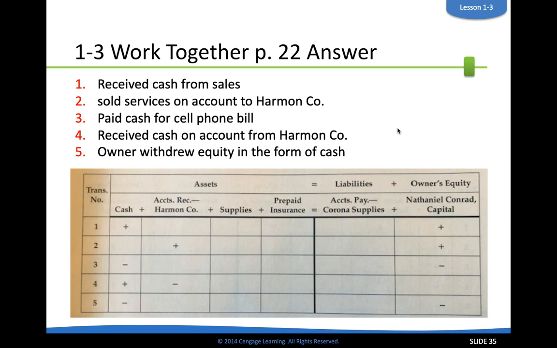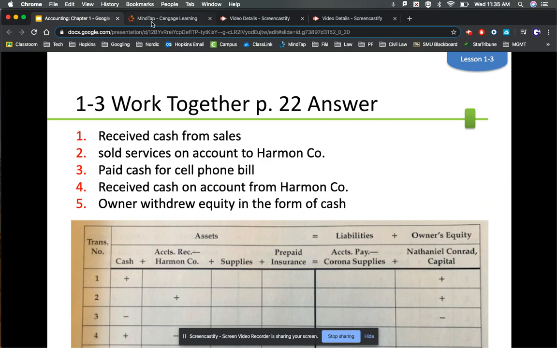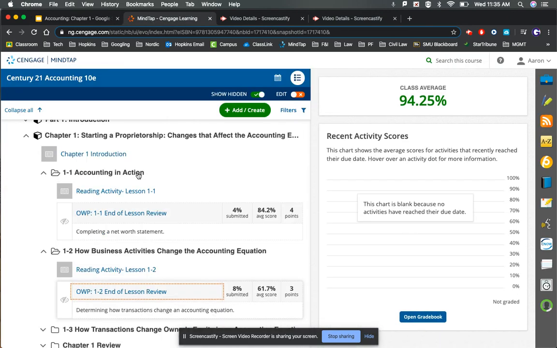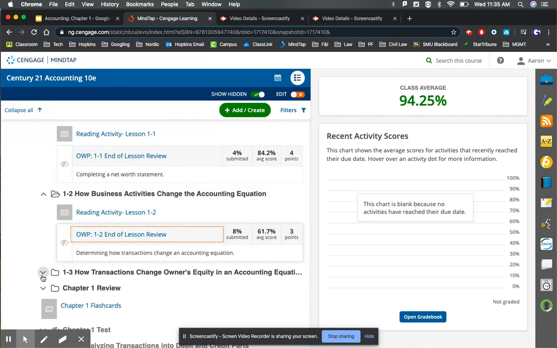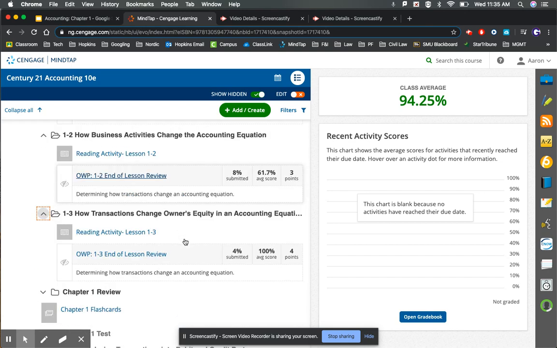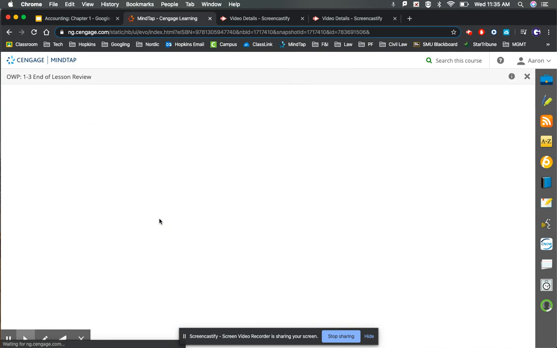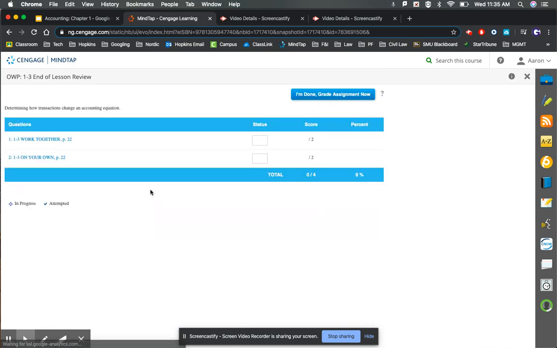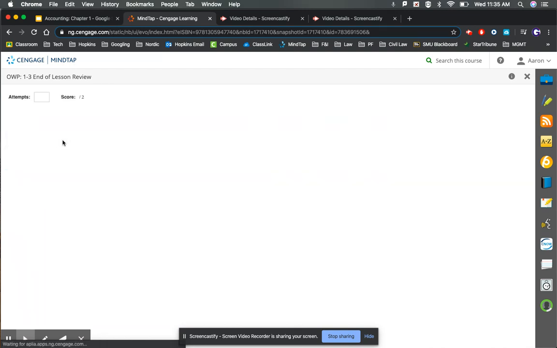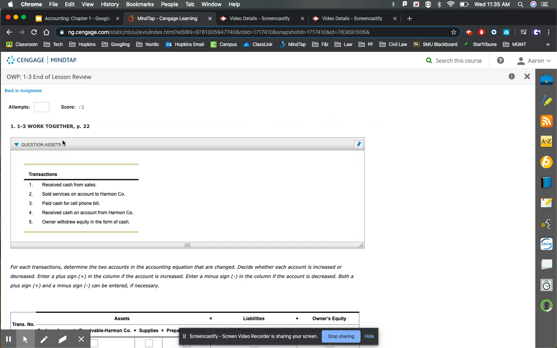So here's the answers as you go through, work through those, and then again, just like the last one, on MindTap, lesson 1-3, you are going to go in, and there's two parts, just like the last one as well. I gave you the answer to the work together problem right here. Then do the one on your own there. So this is the same one that I just gave you the answers to.